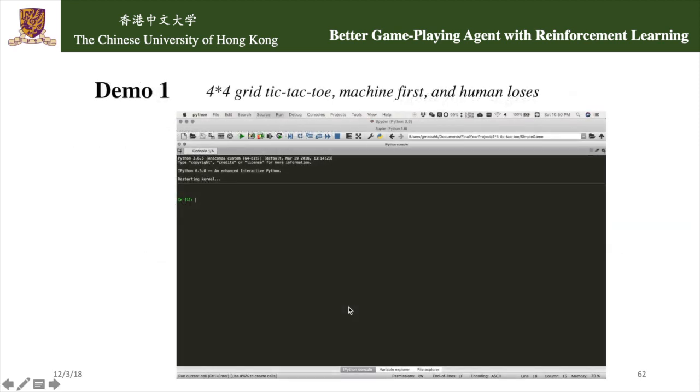Here are two demo videos for the 4x4 grid tic-tac-toe I trained. In this video, the machine takes the first turn, and actually I lose. In this video I play with the agent I trained.